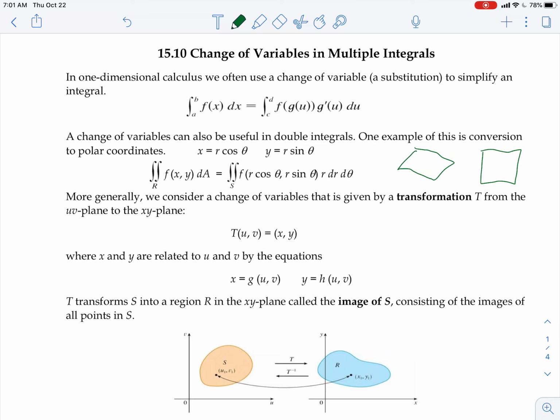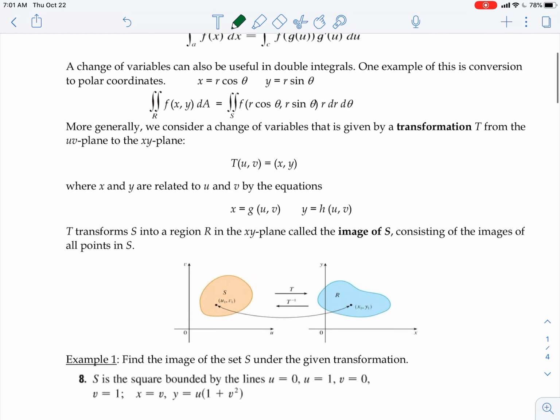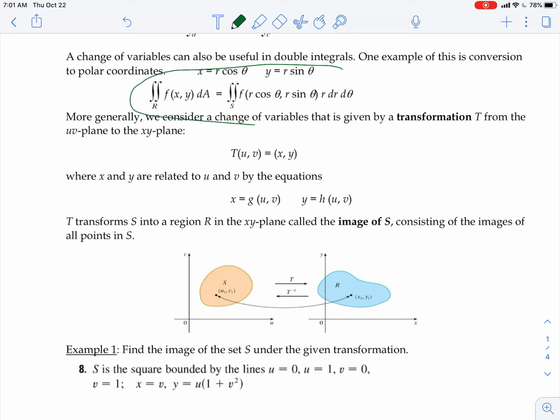So that's what we're talking about: we have a region that's really hard to integrate above, or could be impossible for us, and we change it to a region that's easier to deal with. That's why we do the change of variables. It's just like U substitution, but with double integrals. Here you can see we're switching to polar coordinates, and then of course you have that r dθ.